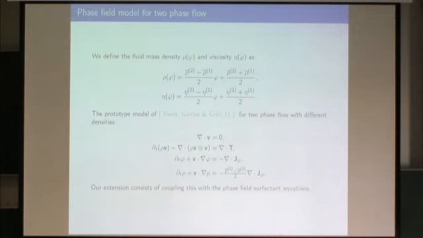And here is the equation for the fluid mass density rho phi. We note that if the densities are different, then we don't get back the classical equation for the density, as we will see in the sharp interface model. Our extension consists of coupling this prototype model for two-phase flow with the surfactant equations.